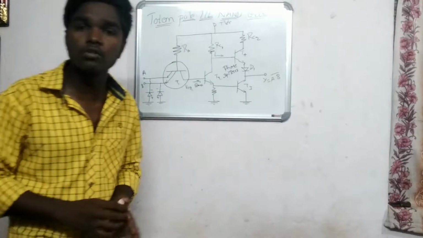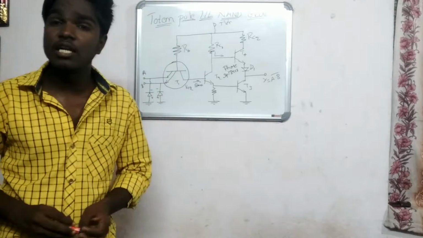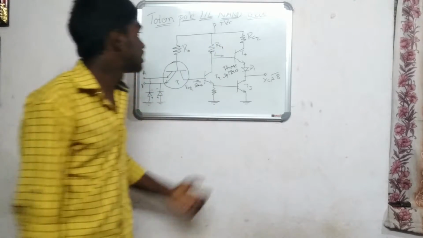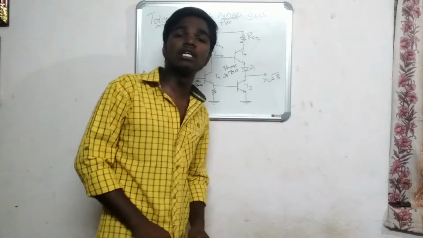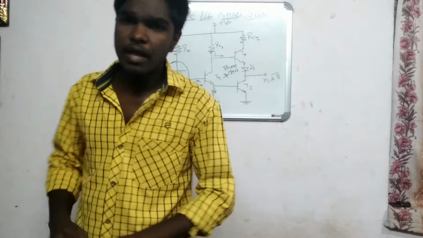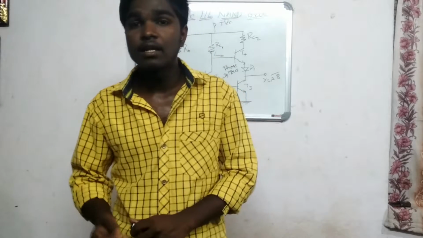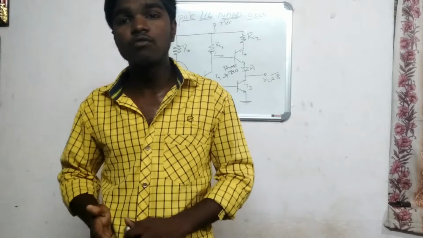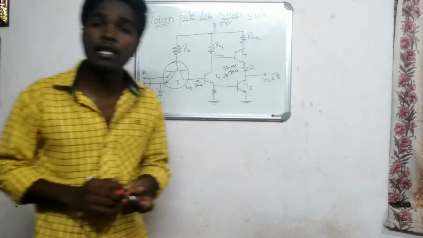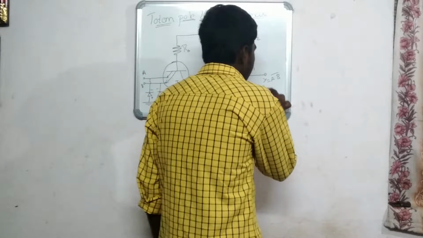Because T1 is on, the output flows from the base of T1 to the transistor T4, that is the totem pole transistor, through the resistors RB and RC2. When transistor T4 gets the logic, it will be on. When T4 is on, it releases the output from its emitter to the diode, and the output collected at Y will be high.